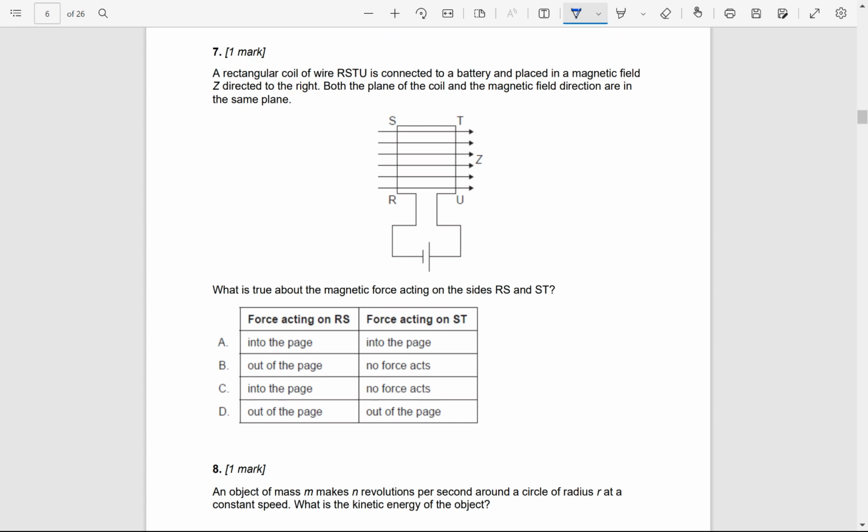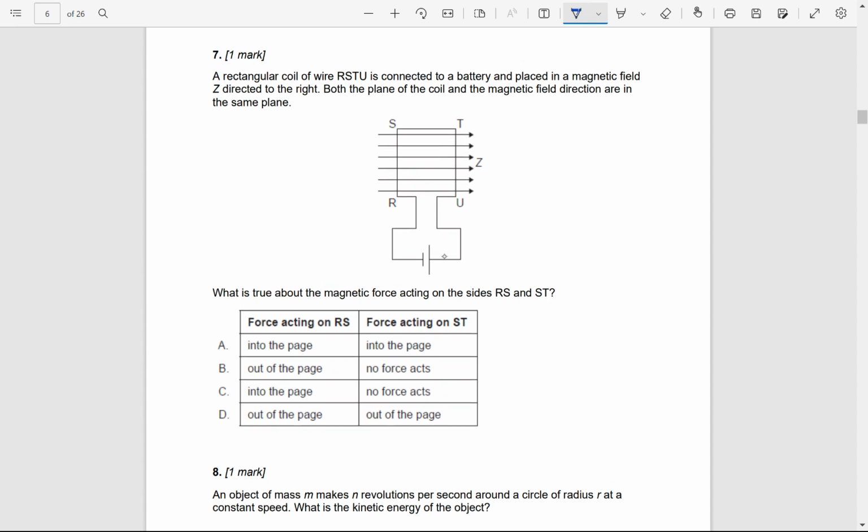Question 7. We have a Fleming's left-hand rule situation. This is very much a GCSE question, actually, from topic 6 for Edexcel. So we have a simple current here, positive to negative. So we have the current.